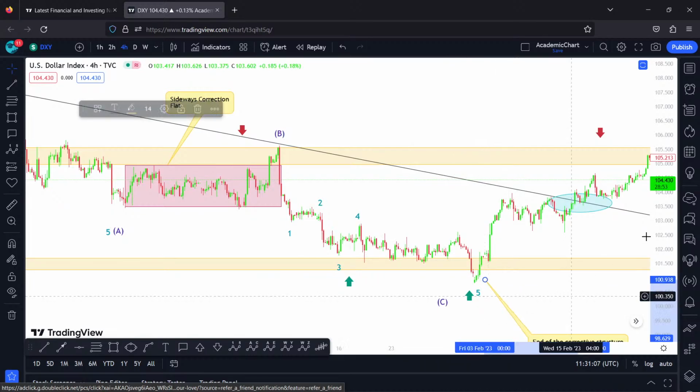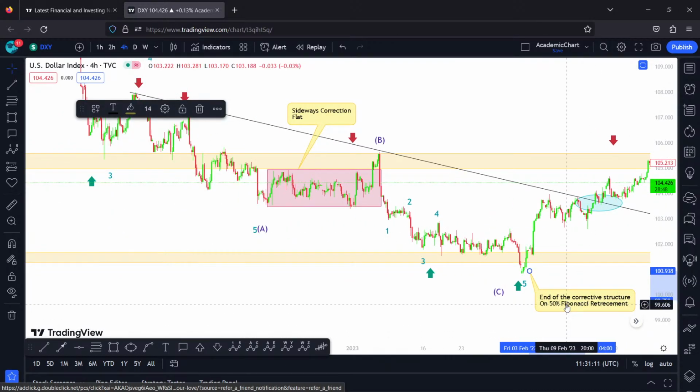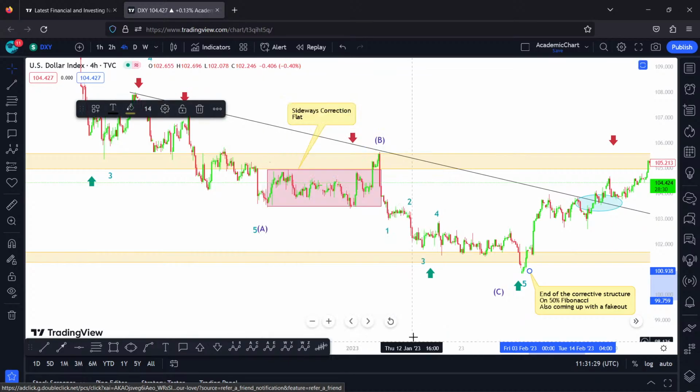So when I look at this, I can also add another text. Let's correct this one, not this. And 50% also coming up with a fake out. This fake out, it is not something you just want to ignore.